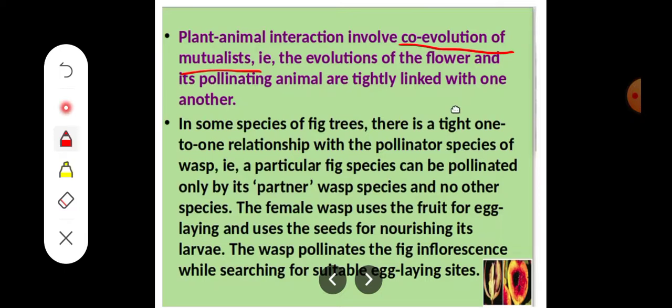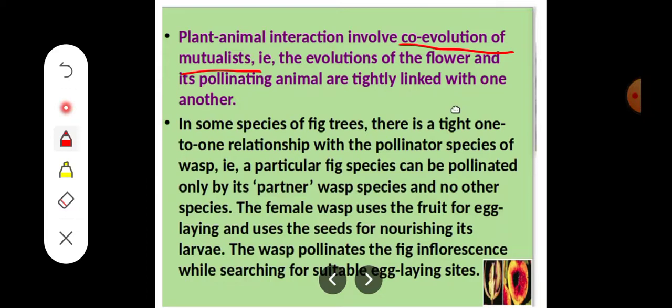Right? So the evolution of the flower and its pollinator species are tightly linked with one another. Example, in many species of figs, there is a tight one-to-one relationship with a pollinator species of wasp.